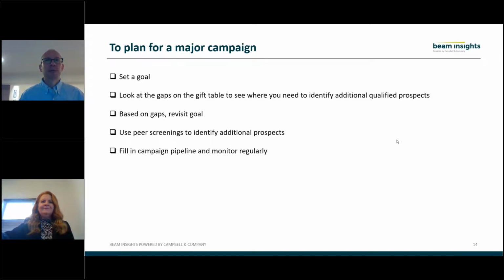As we all know, sometimes goals are just set for us, and so we do our best to achieve them, but communicating what opportunities and challenges exist as a result of that. And then working to fill those gaps, either through peer screening to identify additional prospects, or working with your colleagues in research and prospect management to do the same.